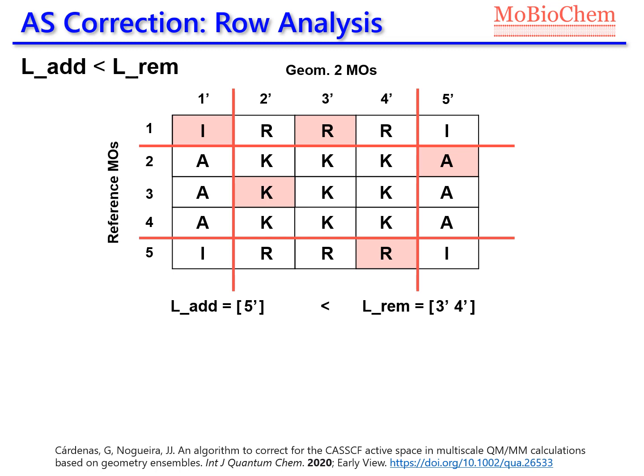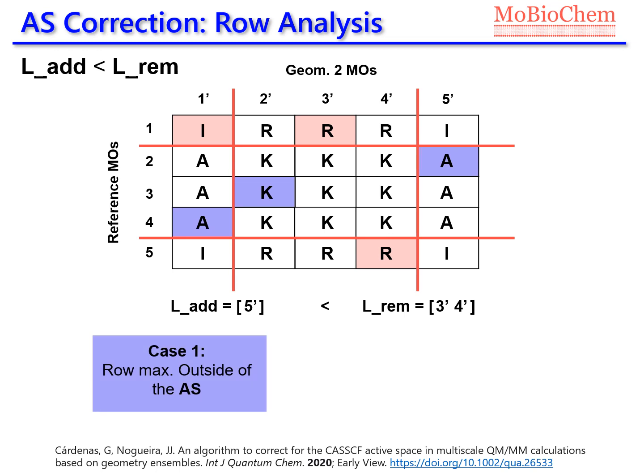Okay, so if we face one such situation after the column-wise analysis, we will perform the so-called row-wise analysis, or simply row analysis. In this case, we're going to analyze each one of the rows exclusively corresponding to reference molecular orbitals. Specifically, we're going to determine the maximum value of each one of the rows. Now, what do we see here?